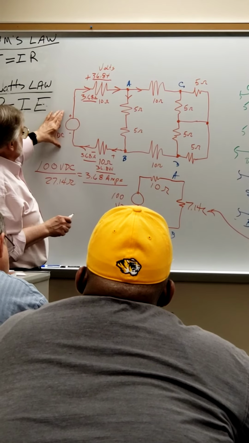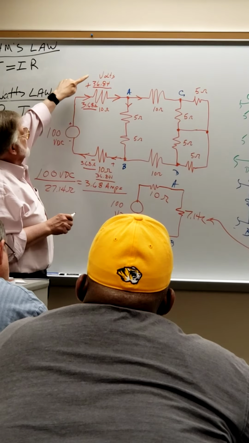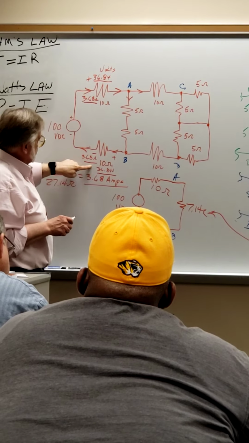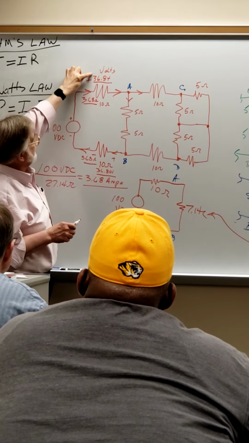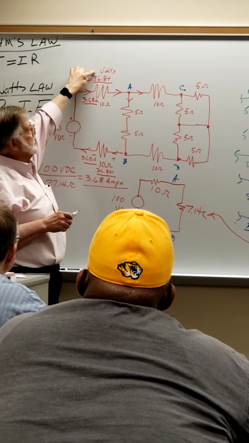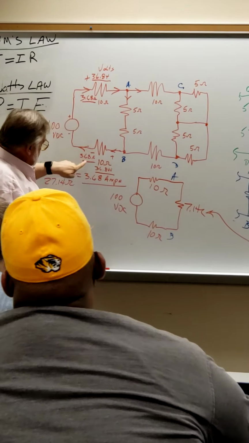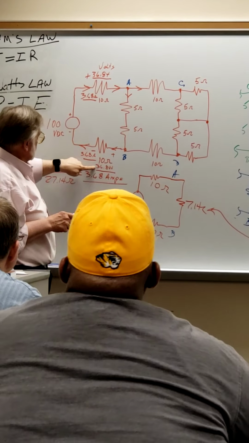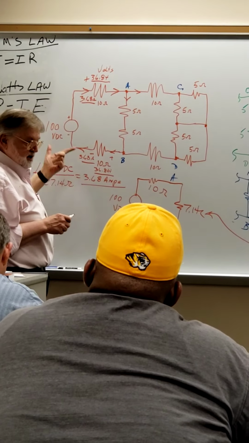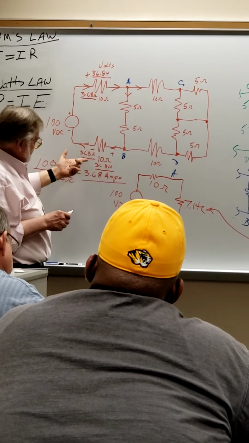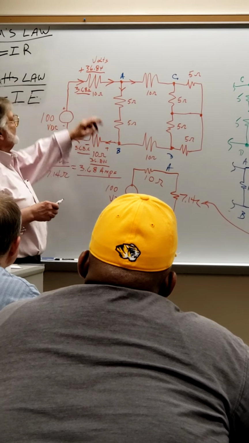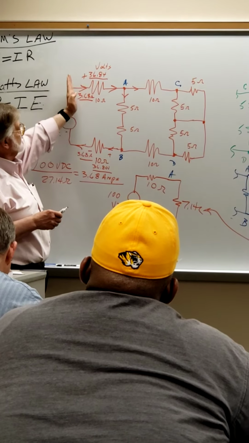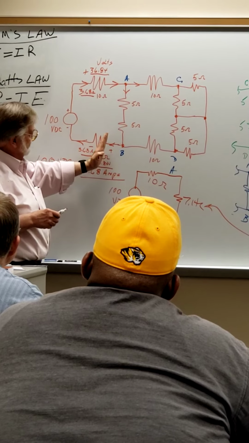So here I have 100 volts, I have 36.84 dropped, 36.84 dropped. So this is approximately 73 volts. So I have a 36.84 volt drop here, 36.8 volt drop here.